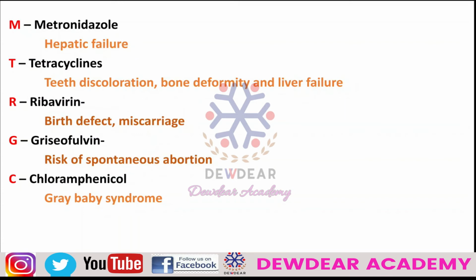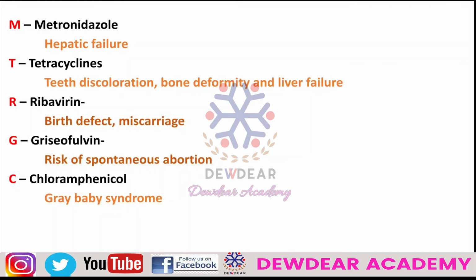Grey baby syndrome is a condition in which the infant experiences a life-threatening reaction that is more prevalent in premature infants, and the adverse reaction is directly related to the liver's ability to break down and process the medication.